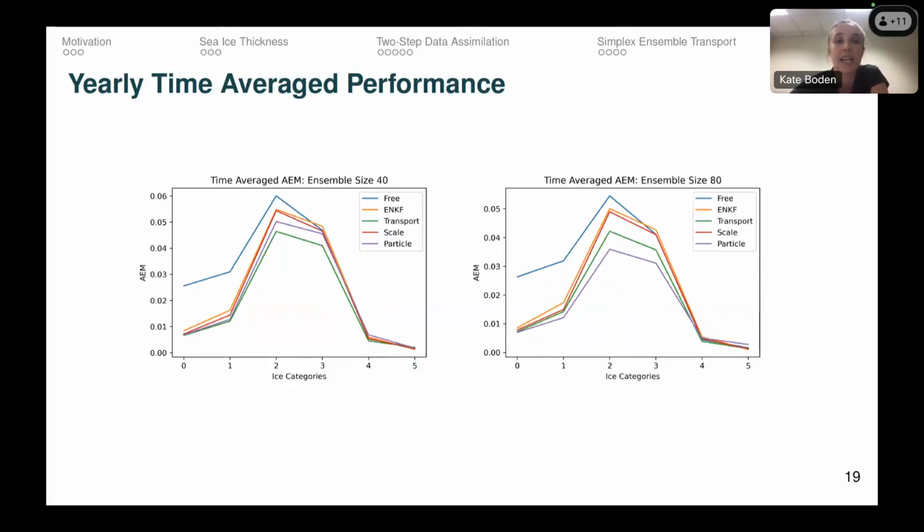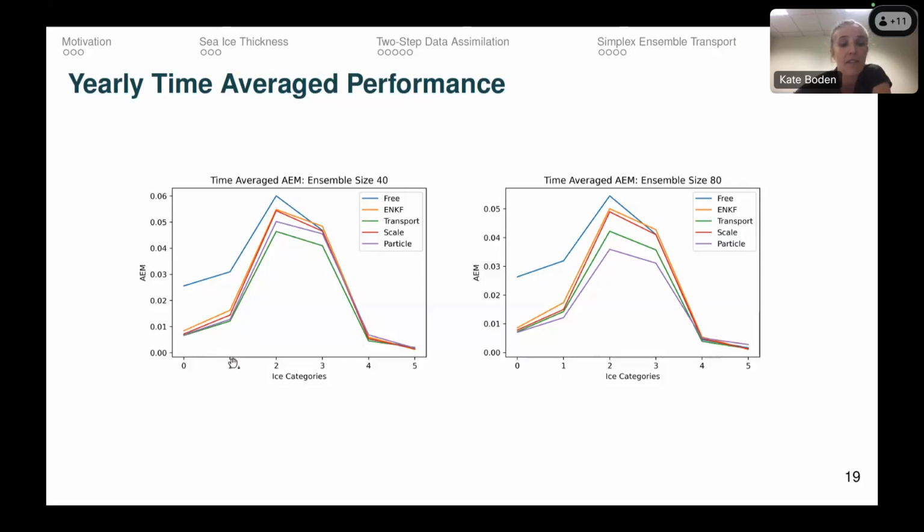We can look at a time averaged performance. Here I'm looking at all of the ice categories on the x-axis, and the thicker categories are a little less interesting to us because there's just not a lot of ice in those thicker categories, but the thin ice and medium thick ice are interesting. You can see for ensemble size of 40, everyone performs pretty well for step 1, as might be anticipated because that's what you're observing.